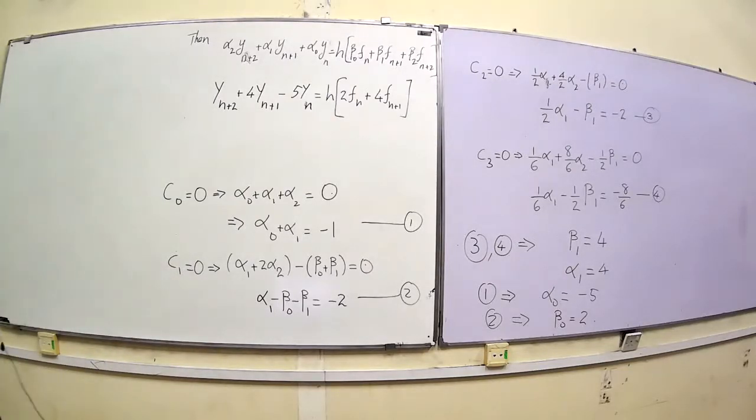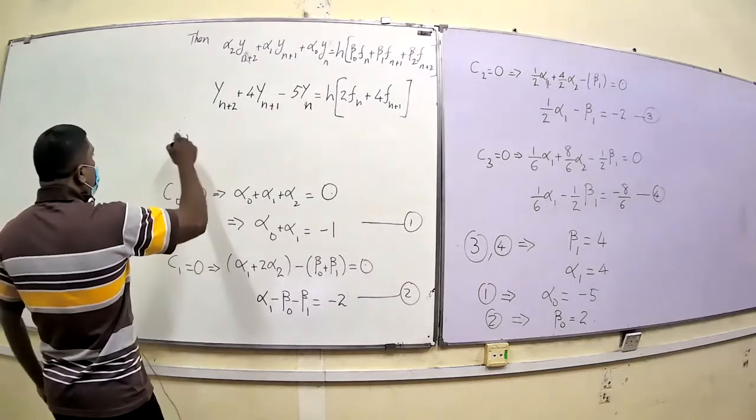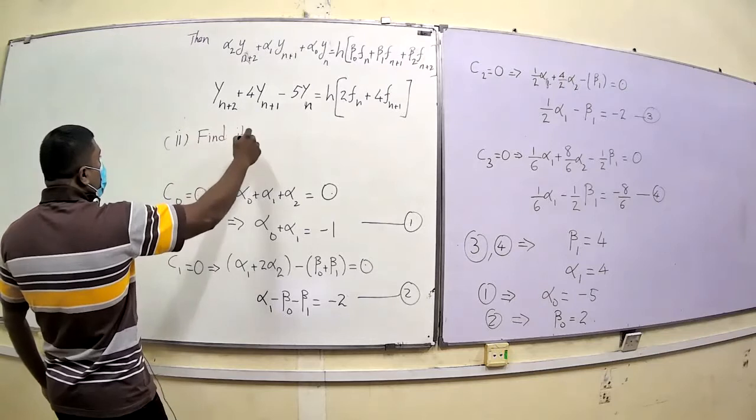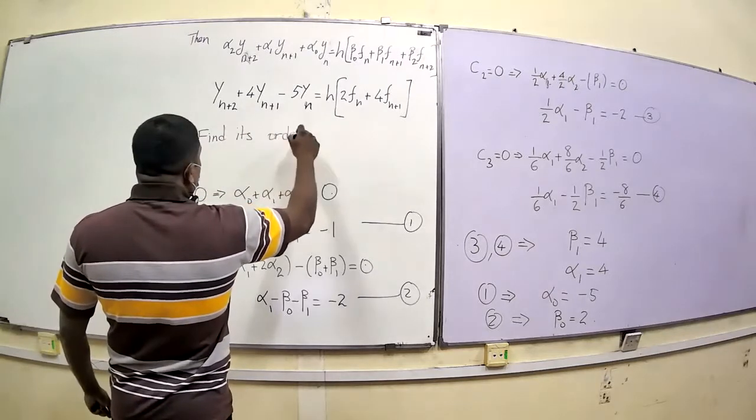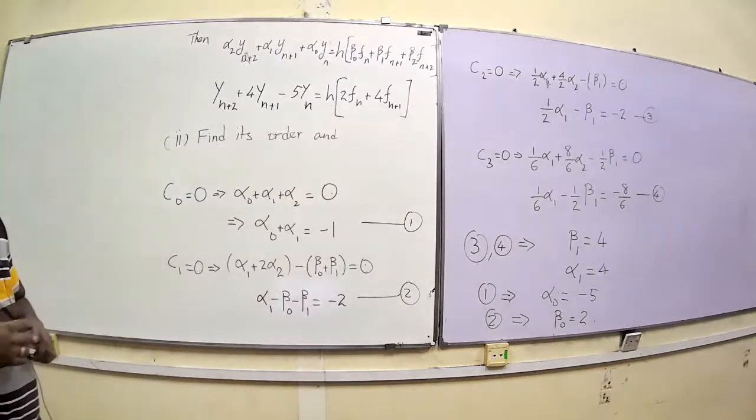Now we want to find the order and error constant, right? So if you want to find the order and error constant, then you can continue and get what is the order and what is the error constant. So part 2, I will say, find the order and error constant.